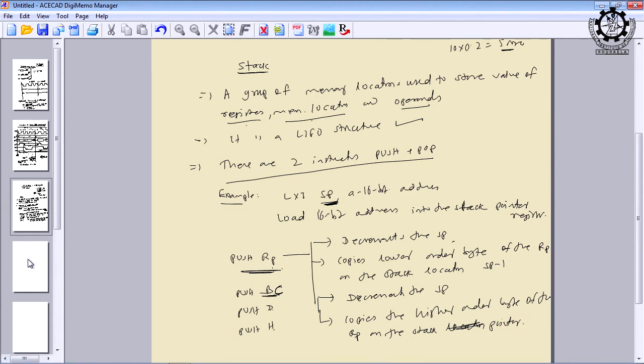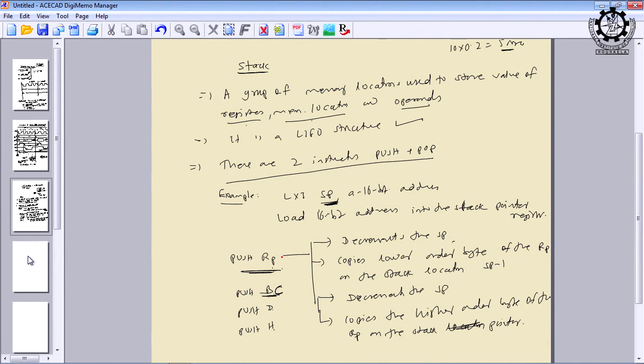It will copy the lower order byte into the stack. Then you further decrement the stack pointer to find another space to store the higher order byte, and then store the higher order byte. So, push is basically an insertion operation. Whenever you want to push something, first you have to reserve space, so the stack pointer must be decremented by 1.